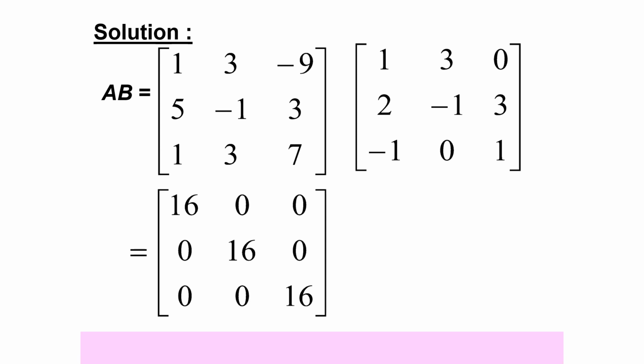If you can see, this is actually an identity matrix. If you put the constant 16 outside, it becomes 16I, which is 1 0 0, 0 1 0, 0 0 1 with the constant 16 outside.